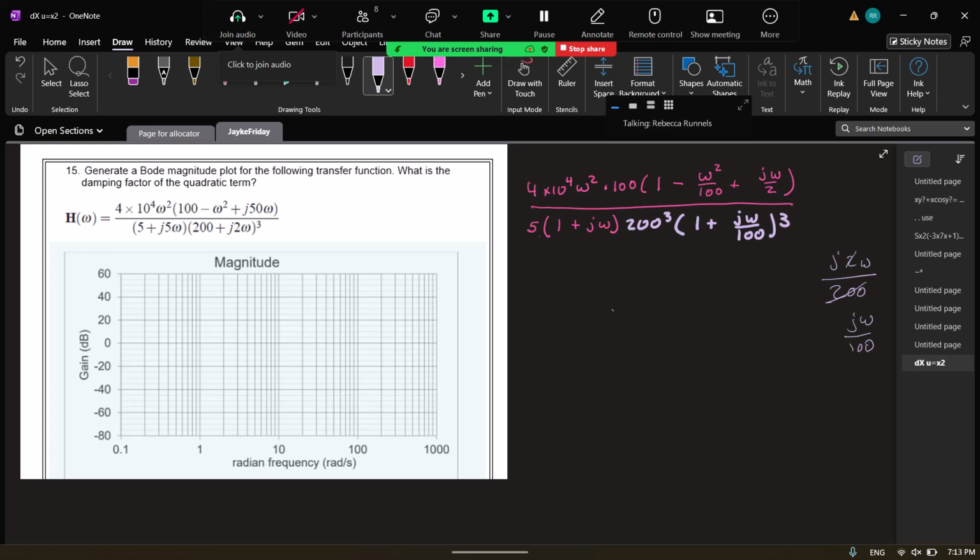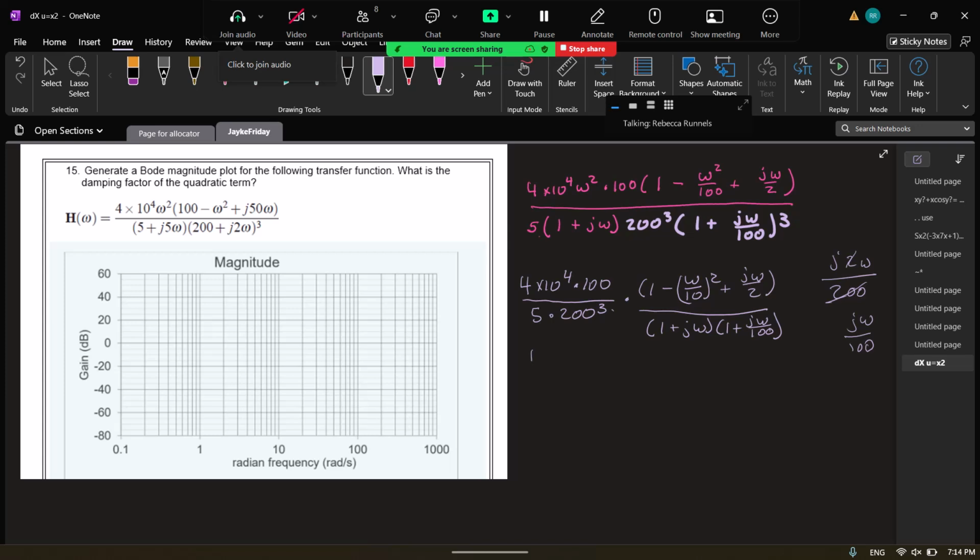Okay, so now I have 4 times 10 to the 4th times 100 over 5 times 200 cubed times 1 minus, and this is omega over 10 squared plus j omega over 2 over 1 plus j omega and 1 plus j omega over 100. And so let's see what that gets us.